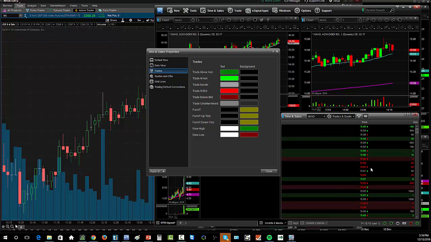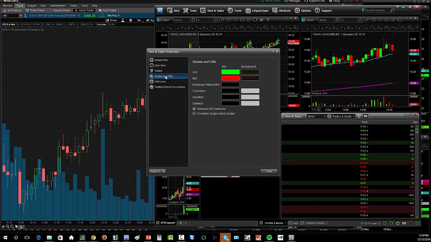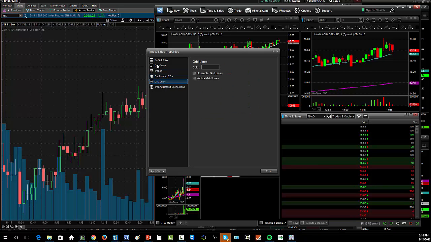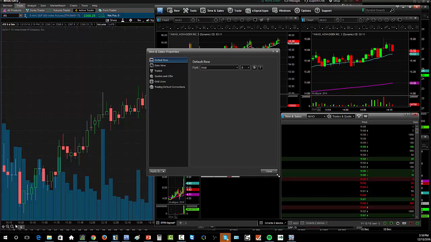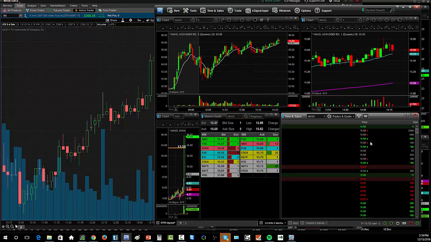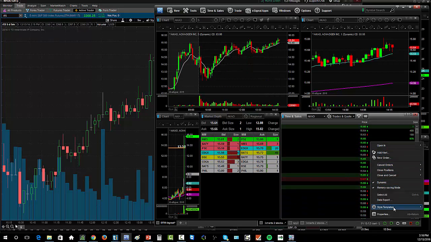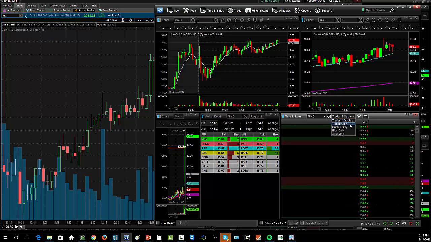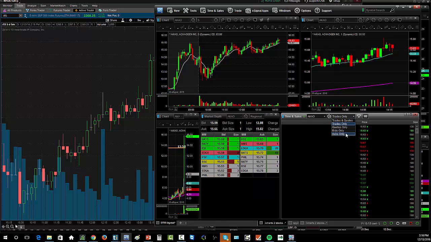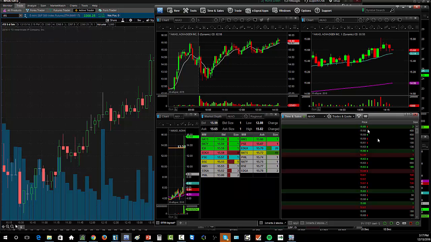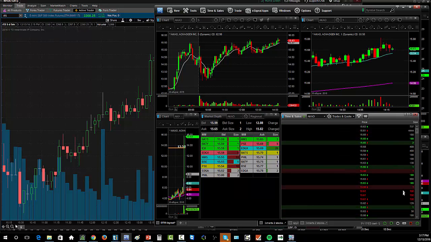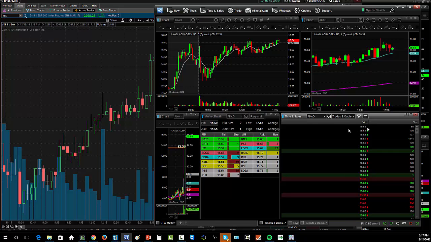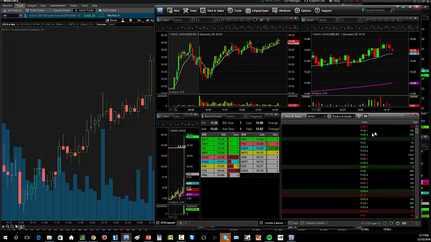For me, the price and the size is more than enough, but you can choose to show the routes, and you can show some other things as well. Oh, maybe it's right here, trades only. I don't know. In any case, there are some things that you can do to see more, but in any case, what you're looking at here are transactions.